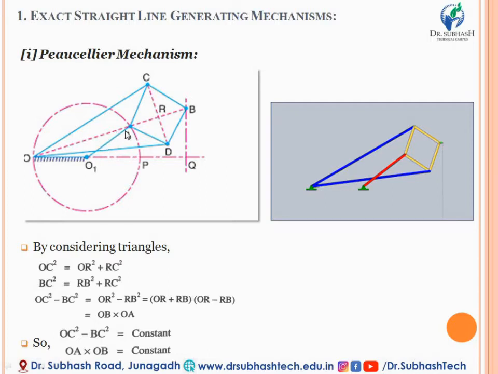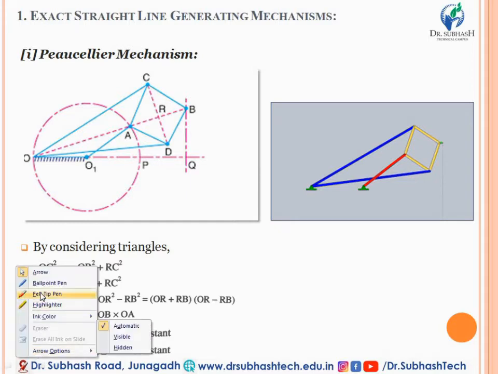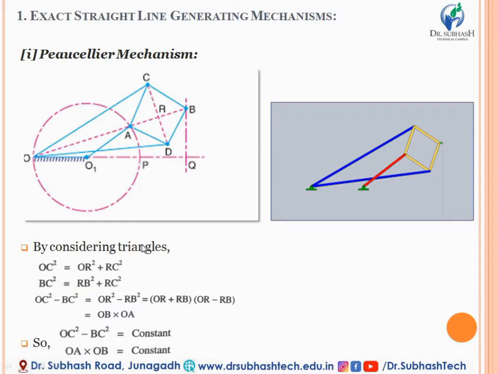That means if you consider this link as a crank and rotate it in any direction, the product of the dimensions OA and OB will remain constant, whichever direction you rotate link O1A. The product does not change with respect to the rotation of link O1A.